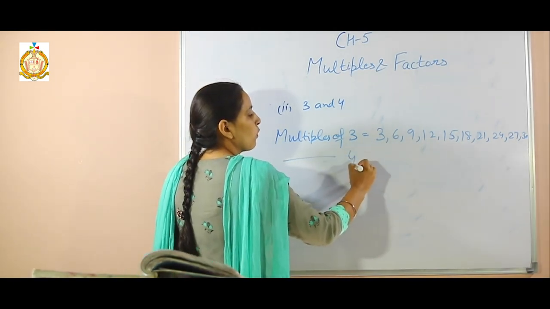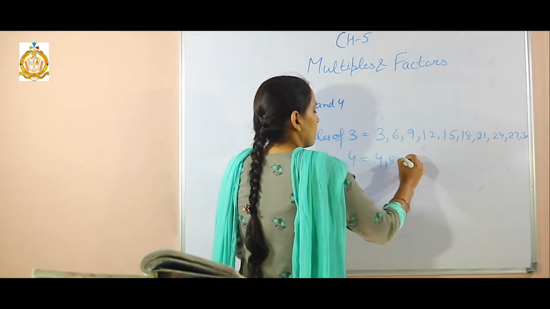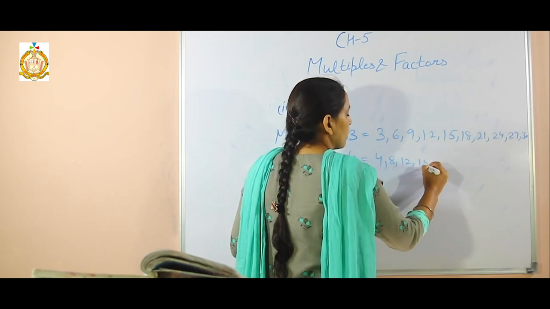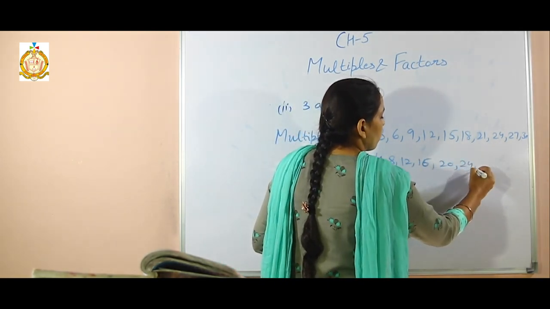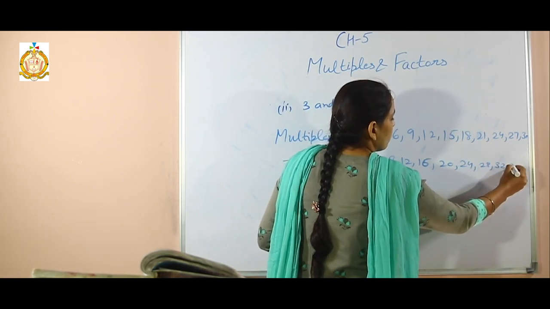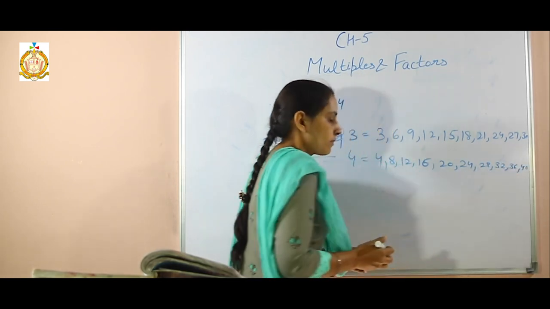Now multiples of 4: 4, 8, 12, 16, 20, 24, 28, 32, 36 and 40.